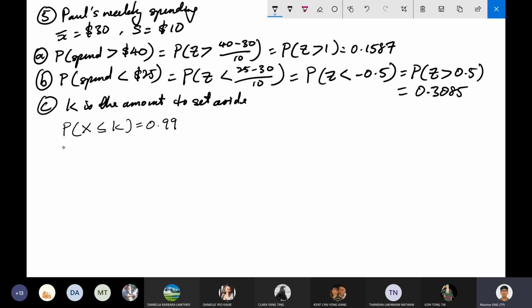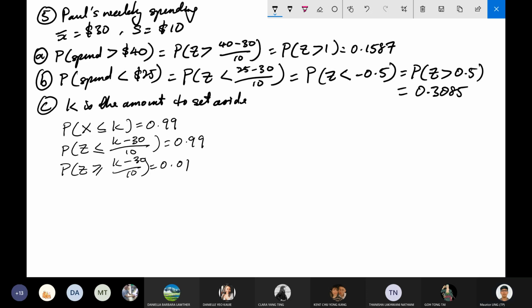Okay, convert it to a Z value again, assuming that you have K minus 30 divided by 10 gives you 0.99. But because you can't find that, you do the reverse, which is equivalent to more than K minus 30 over 10 equals 0.01. Okay.